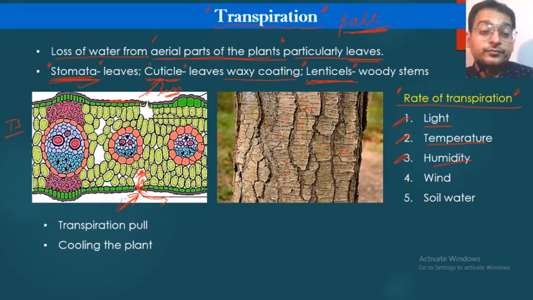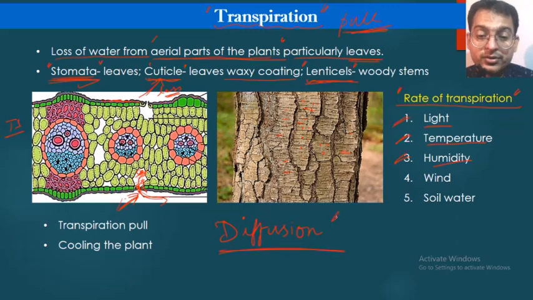Because when humidity is more, the outside water vapor is more, and you know that transpiration is a diffusion process. Is it an osmosis process? No, it is a diffusion process. Diffusion means movement from a region of high concentration to low concentration.